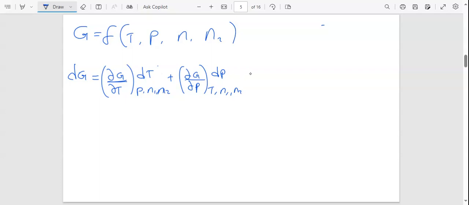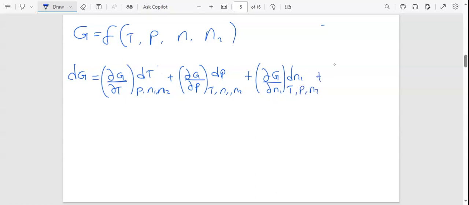Then plus again, there will be a partial change in g. Now we are changing what? We get a bit of change in n1. Then this will show that this is the change in n1, dn1. Then we hold constant t, p and n2.